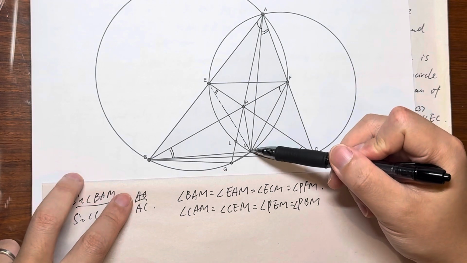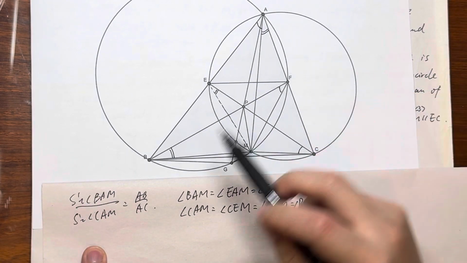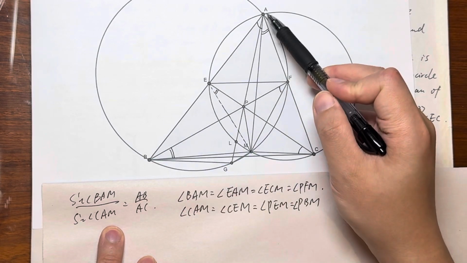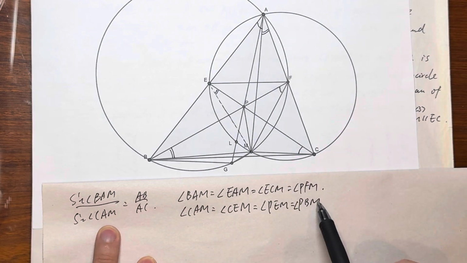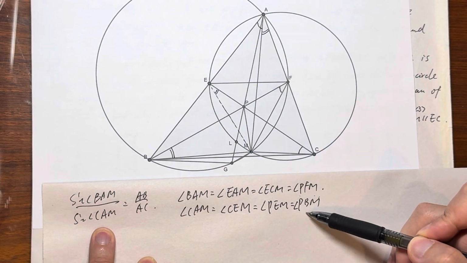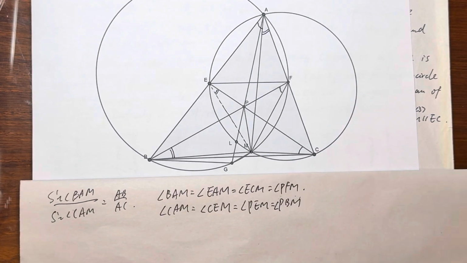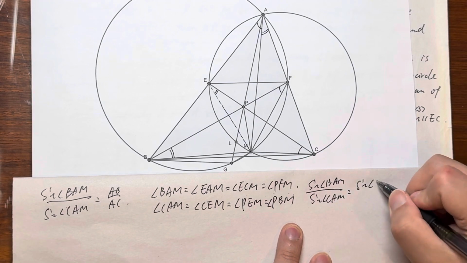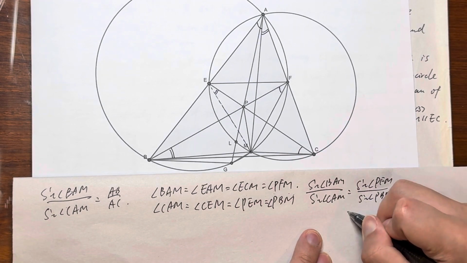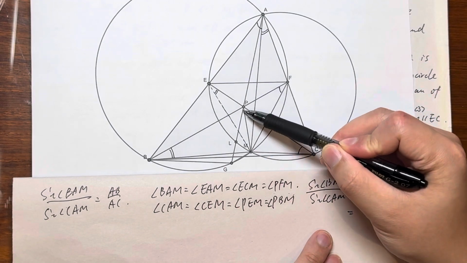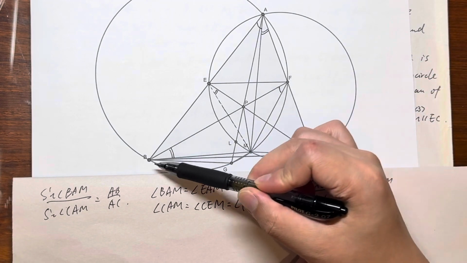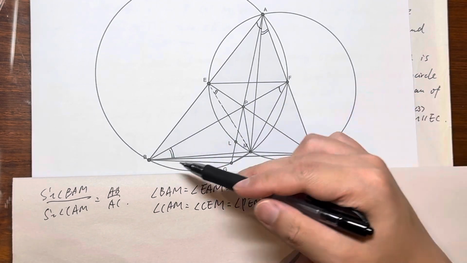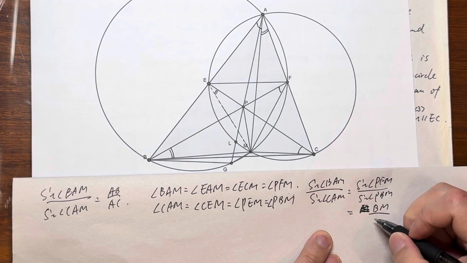Now remember we want to find the ratio of sine angle BAM to sine angle CAM, which is sine angle PFM to sine angle PBM, which equals PM to MF over PM to BM, that is BM to MF.